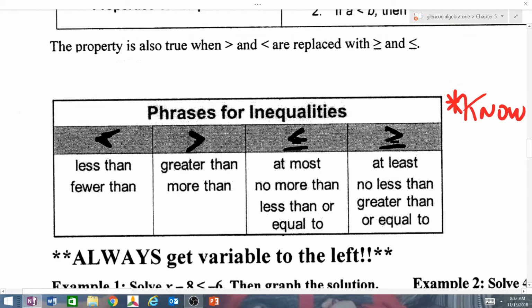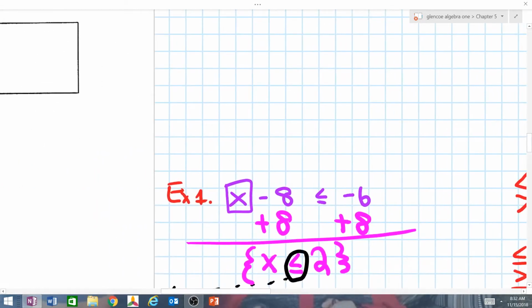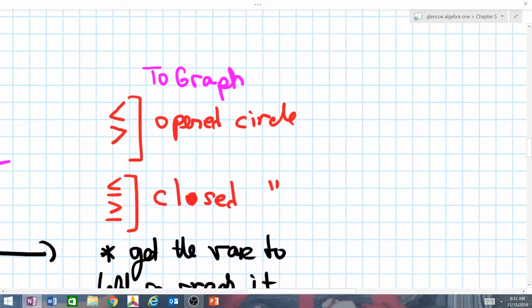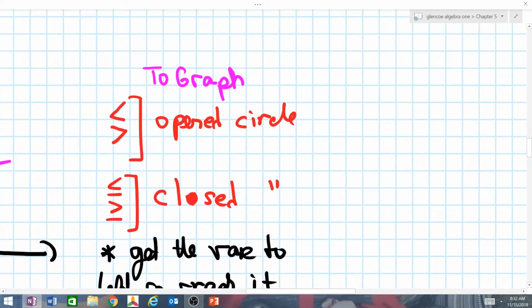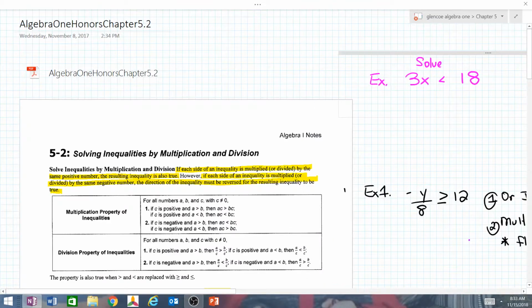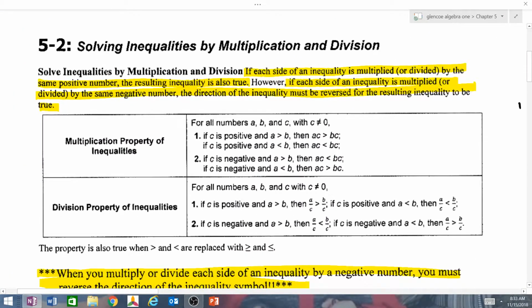When graphing an inequality on a number line, if the symbol is less than or greater than, we graph it with an open circle. If the symbol is less than or equal to, greater than or equal to, we graph it with a closed circle.